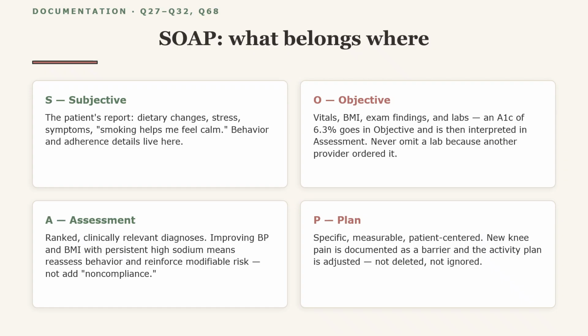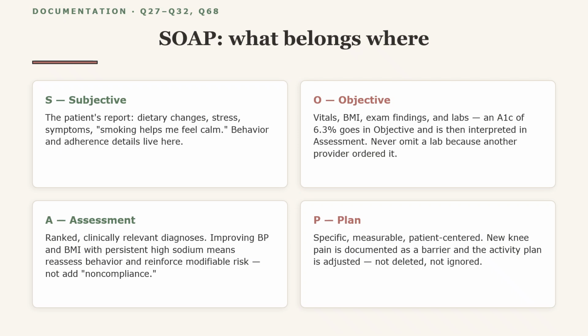Documented bias risk is there every time you document. It's tempting, but you need to stay objective when you are writing, and you cannot interject your opinion into anything. All right, so let's look at new knee pain, which is preventing walking.